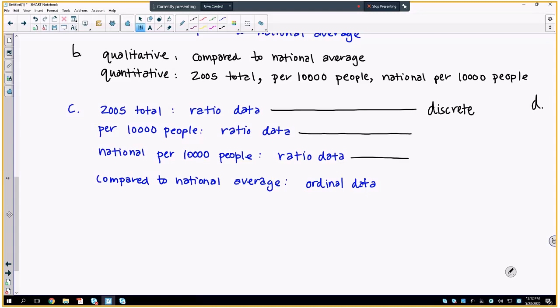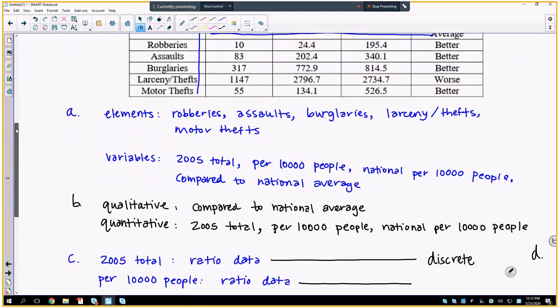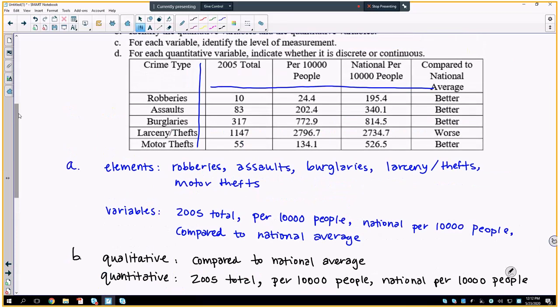Let's look at per 10,000 people. Per 10,000 people is like a type of average. So you can see we have numbers like 24.4, 202.4. And if I put a number there that was 202.41, 42, those would all be valid values.